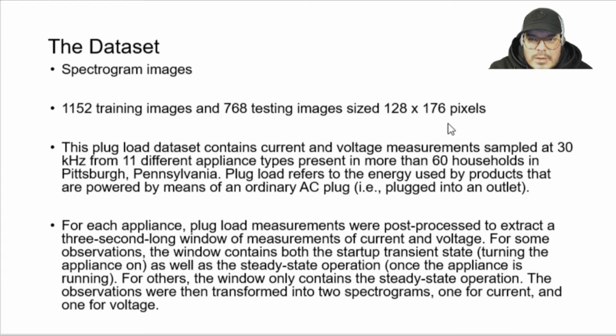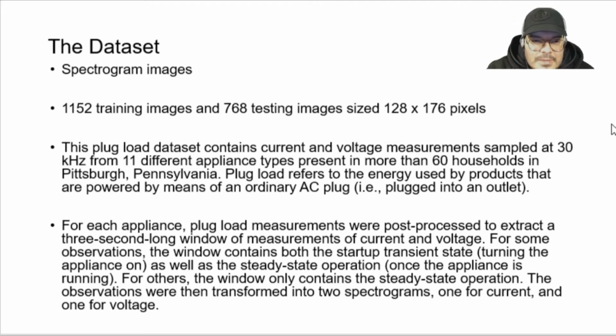So let's talk about the data set. We had spectrogram images: 1,152 training images and 768 testing images, sized 128 by 176 pixels. This plug load data set contains current and voltage measurements, which were sampled at 30 kHz from 11 different appliance types.